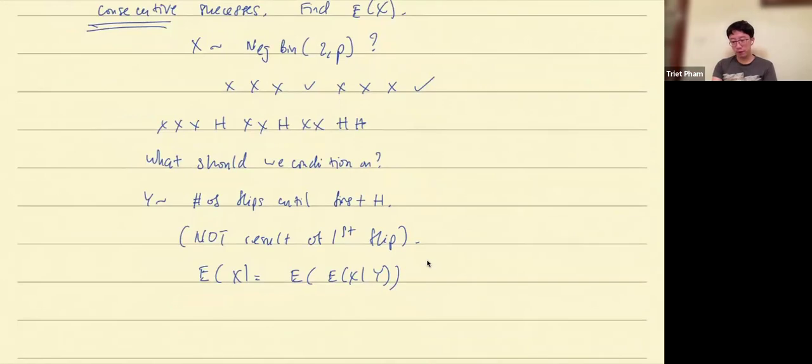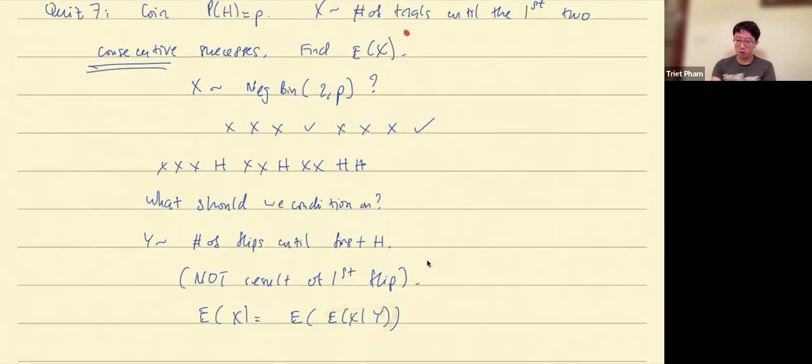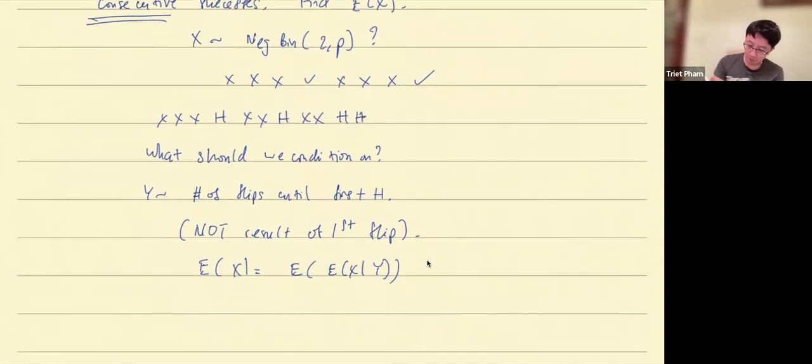But you should see for yourself that if you let Y be the result of the first flip, it's just unclear how the number of trials until the first two consecutive successes is related to the result of the first flip. It is related. It's just that the relationship is not that nice, so it's not something we can write down very easily. And again, this is exactly where the difficulty of choosing Y comes in. But anyway, if you let Y be the result of the first flip, then what is X conditioned on Y?